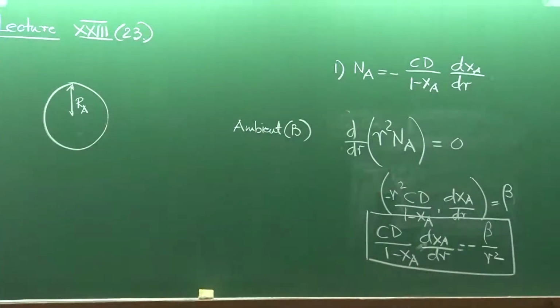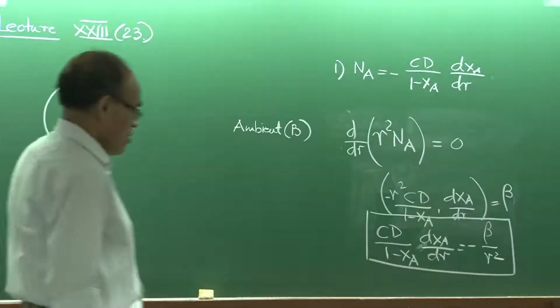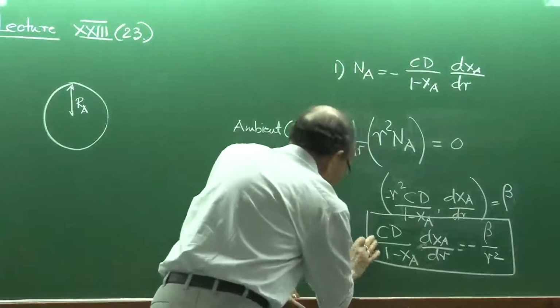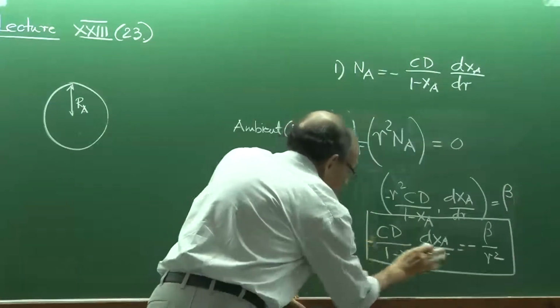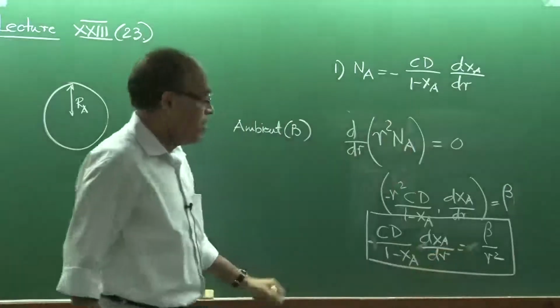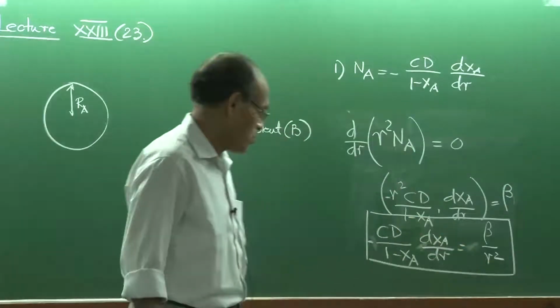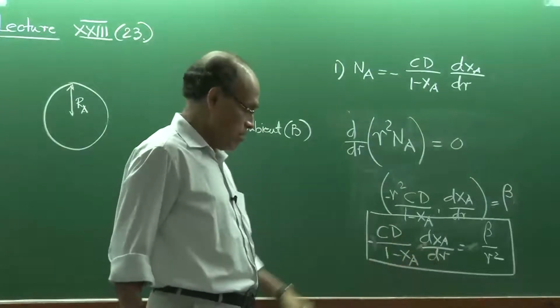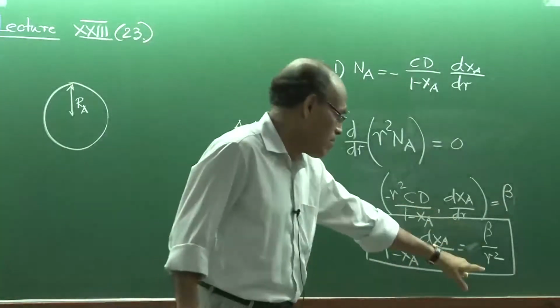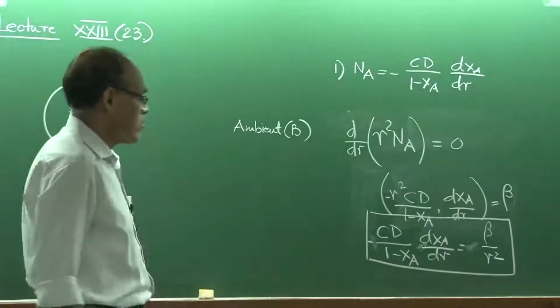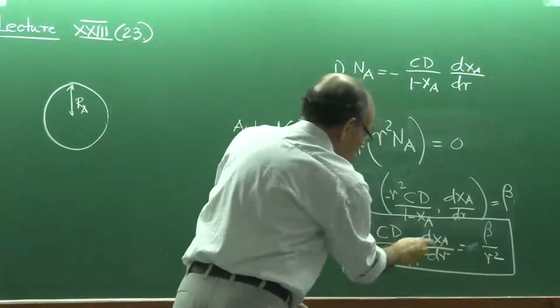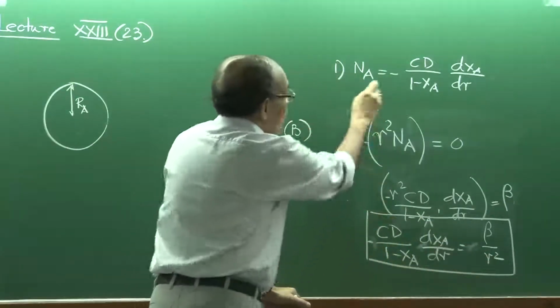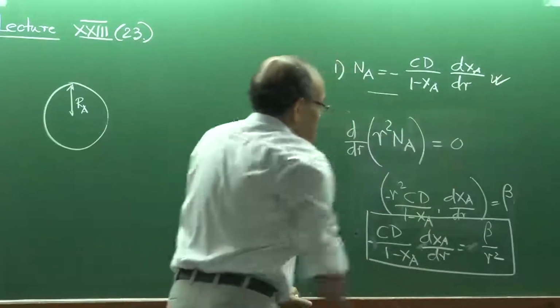So we can understand that beta by r square is actually the value of the flux. Beta divided by the r square value will give us the flux, because the flux expression is this.